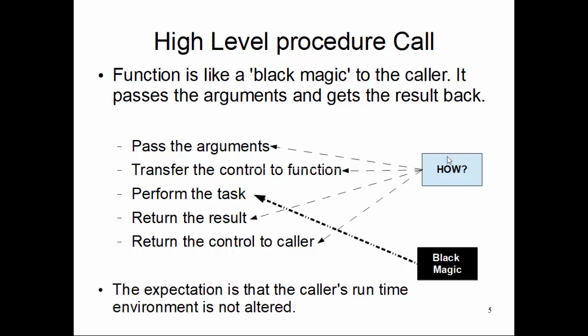Another expectation is that the caller's runtime environment is not altered. We'll focus in one section on what we mean by a runtime environment and how we make sure that the runtime environment is not altered. At the high level, conceptually, let's say you are calling a function from a point of your code, right?